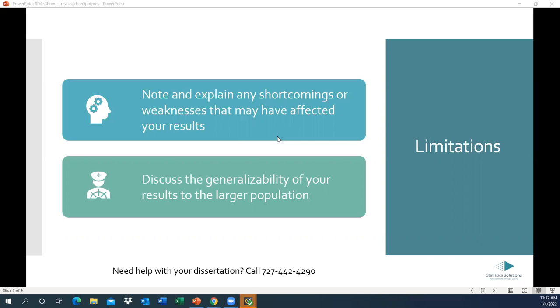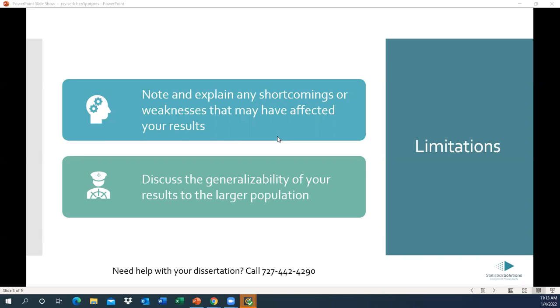A good place to start is to go back to your chapter 1 or your chapter 3, because somewhere in your proposal, you probably talked about potential limitations, forecasting what may have been limitations before you started. So go back to what you said and see if those things actually became limitations as you moved forward.